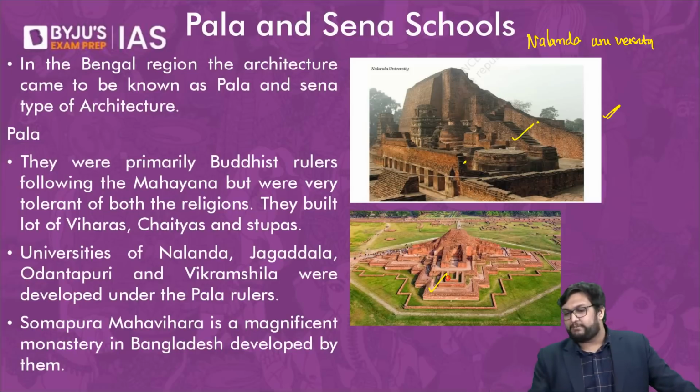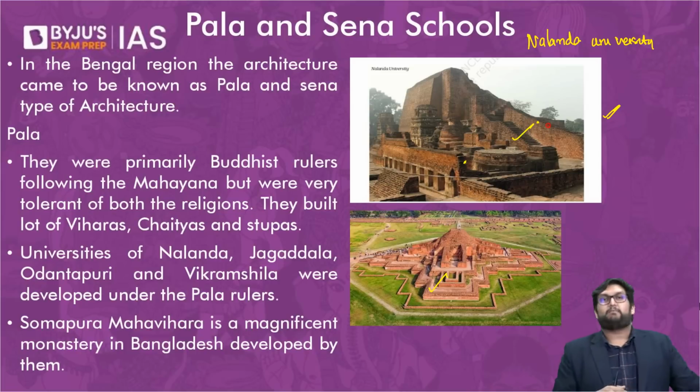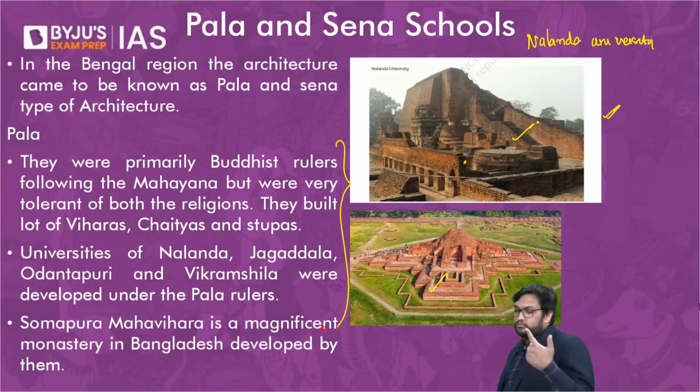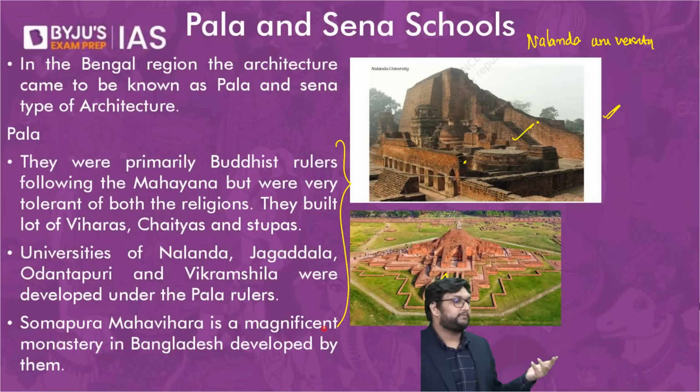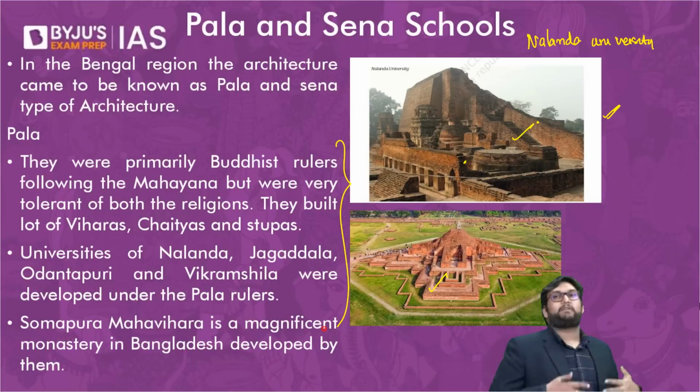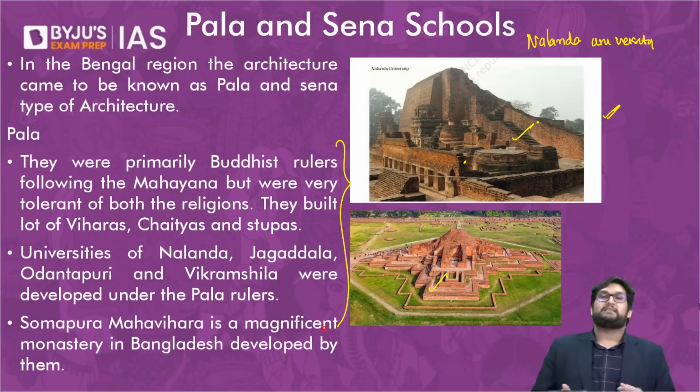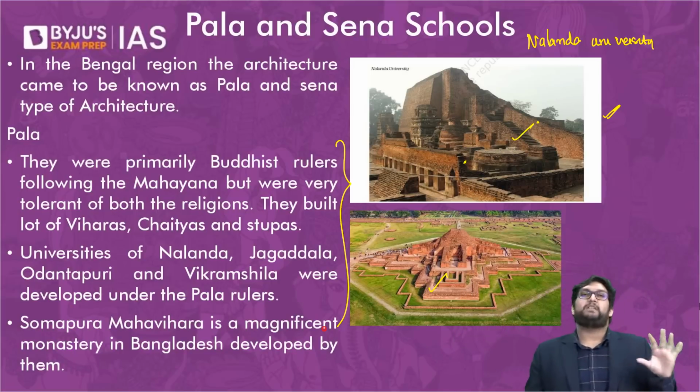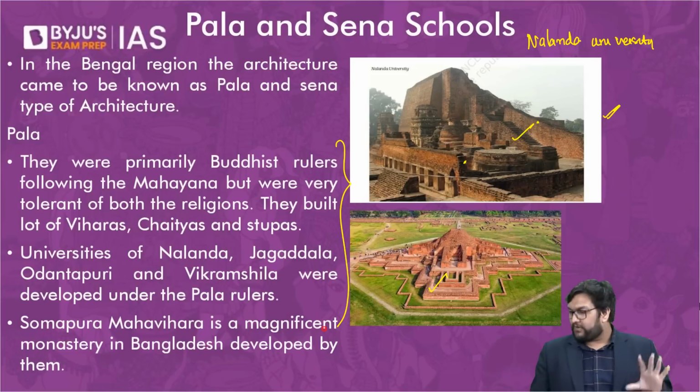This one is a little bit lighter because it is made a little bit later. This is much older and was burnt. That is why Nalanda has taken the black tinge. The Palas developed Udantapuri, Nalanda, Vikramshila and Jagdala, and all these temples kept the basic Buddhist architecture alive with Vihara also.